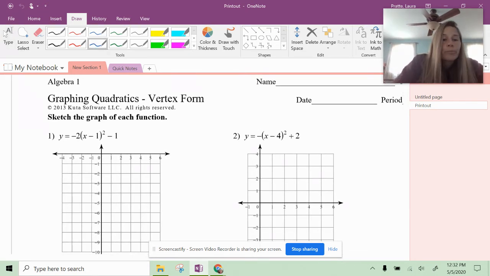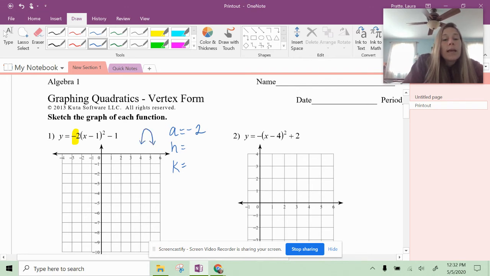All right. So remember, we want to figure out our A, our H, and our K. So my A for this first problem is negative 2. And that tells me, of course, that it's going to open down, and I would have a maximum vertex. My H value is the number being subtracted from the x.